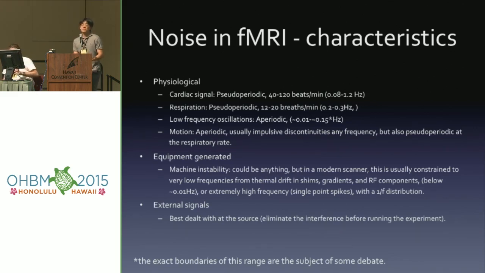Then there is a low-frequency oscillation, roughly about 0.01 to 0.15 hertz. This low-frequency oscillation can also be observed in other parts of your body. We can observe it using optical imaging at your fingertip and your toe. Our group spends a lot of time studying this.